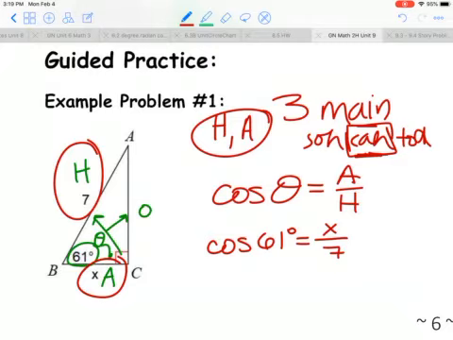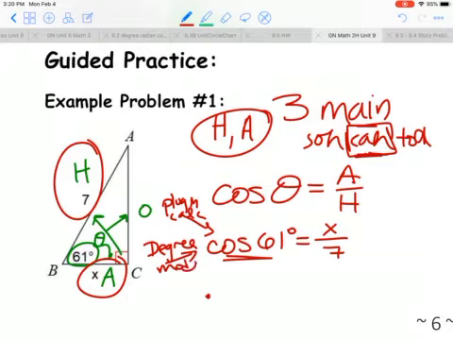for our cosine, so go ahead and plug that in a calculator. And make sure that it is in degree mode when you do this. So you should get 0.3256, keep 4 decimals.